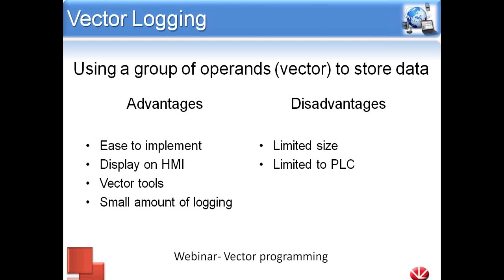The disadvantages would be its limited size. We are limited to the number of operands that we have to work with in VisiLogic. And the other disadvantage would be that the logging is local to the PLC without some type of standalone software.